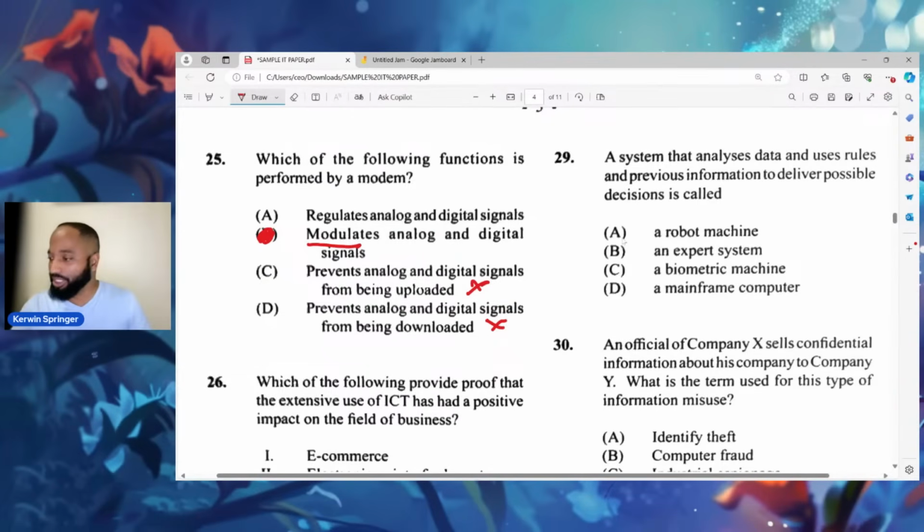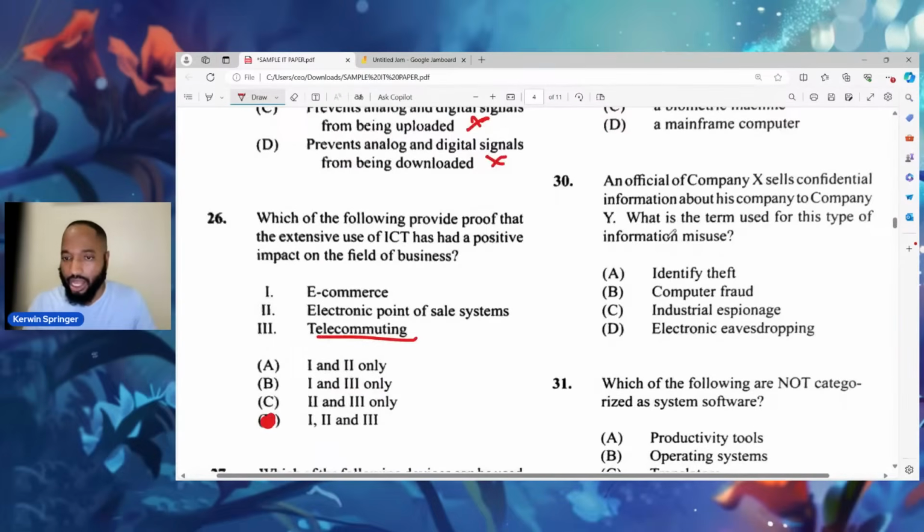Yeah, you'll agree to B. Is that an expert machine? So you're using information from previous data. So it's an expert system. I will go with expert system here.